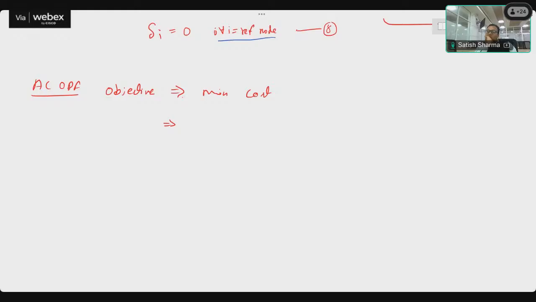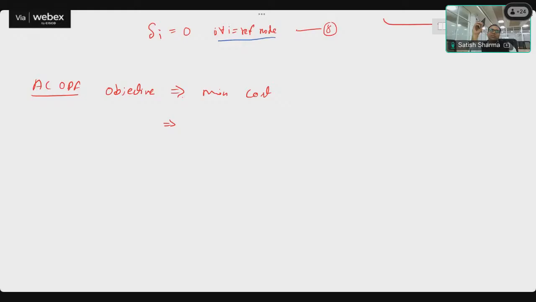So we look for the active power limit, because that is what we are interested in. We are paying for active power only, not for reactive power. That is why active power is the concern, and we have to optimize that. We want to optimize our entire network to the best extent.